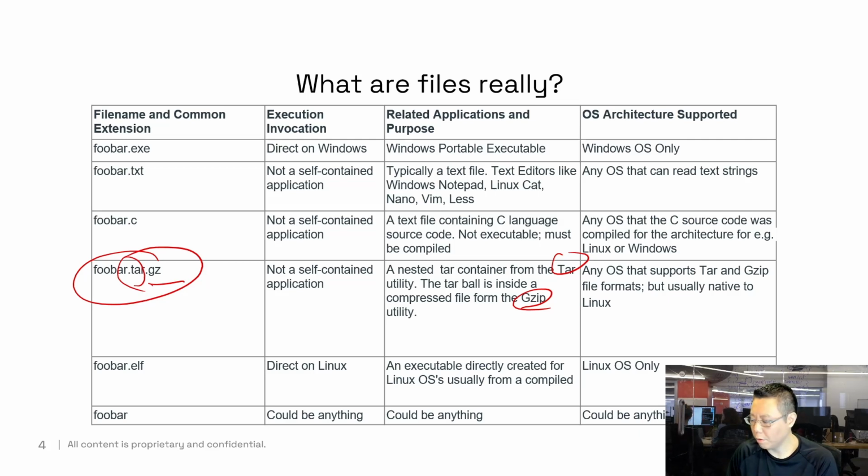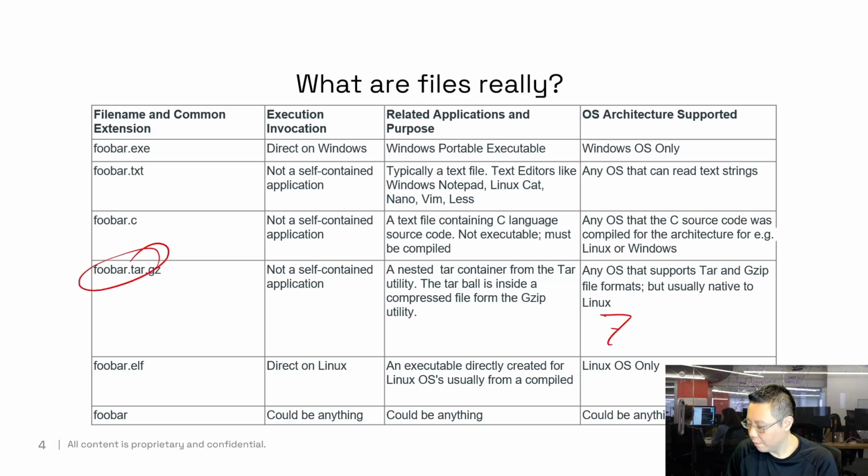But you can also use a third-party utility called 7-zip. 7-zip actually has the capability of supporting the tar and gzip formats together and can run on any major OS today, like Windows, Linux, and Mac. It's a really great platform and alternative to gzip.